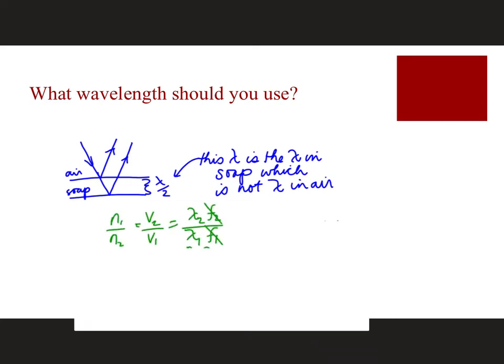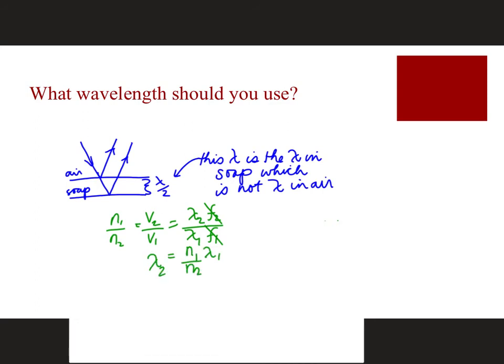So if you take a look what I have here, I have the first part. Now this does come from our data booklet. N1 over N2 equals V2 over V1. That's part of Snell's law back in topic 4.3. What have I done here? From V2, I've then said that's the same as lambda 2 F2. All I've done there is I've used the wave equation. Now, since the frequency is going to be the same in both medium, I can then simplify this down to lambda 2 is going to be N1 over N2 times lambda 1.